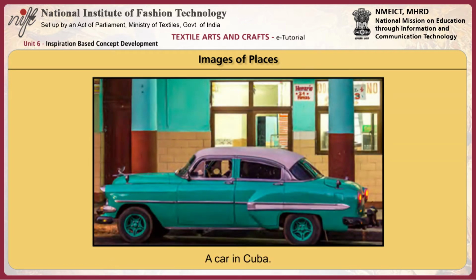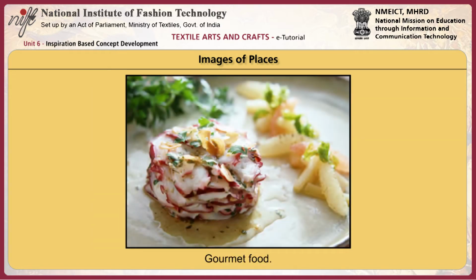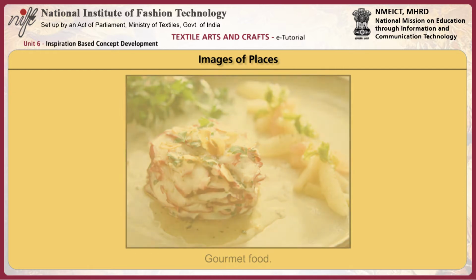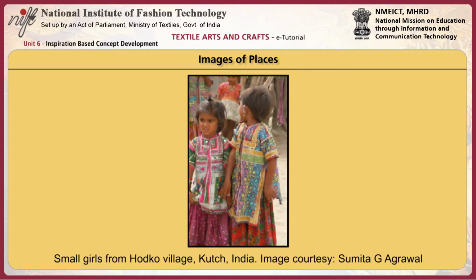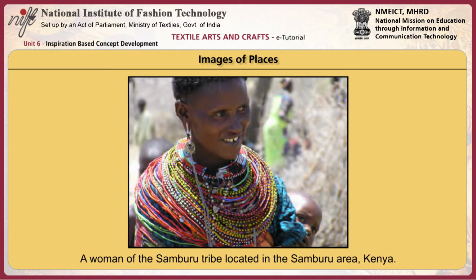A picture of a car in Cuba. This is gourmet food. Here are small girls from Hotko village, Kutch, India. This is a woman of the Samburu tribe located in the Samburu area, Kenya.